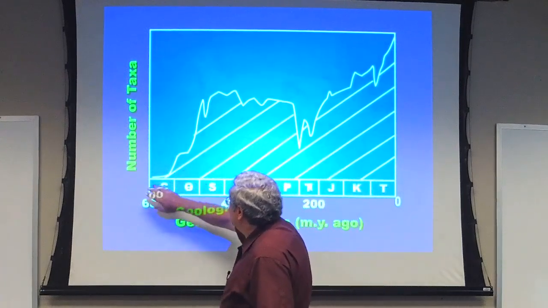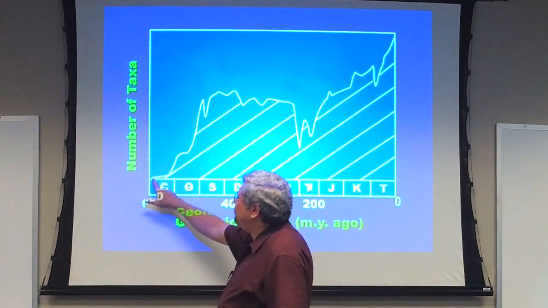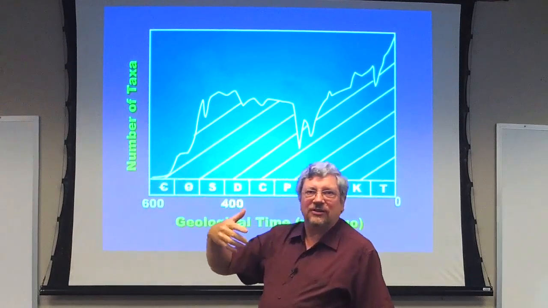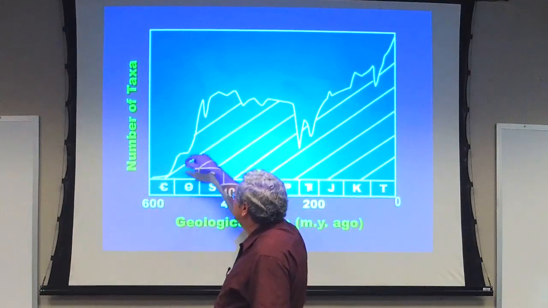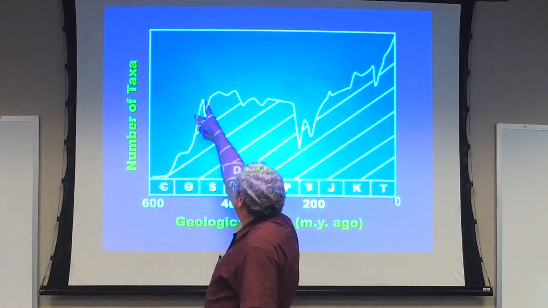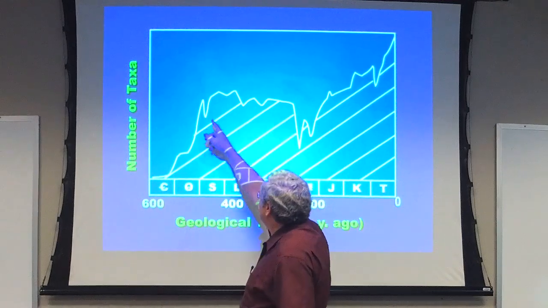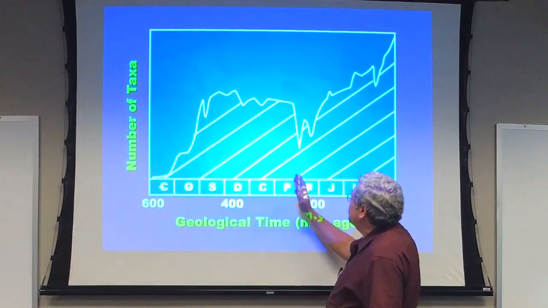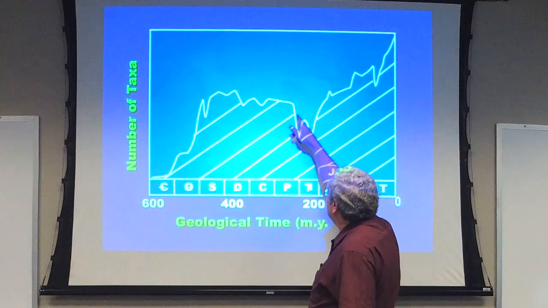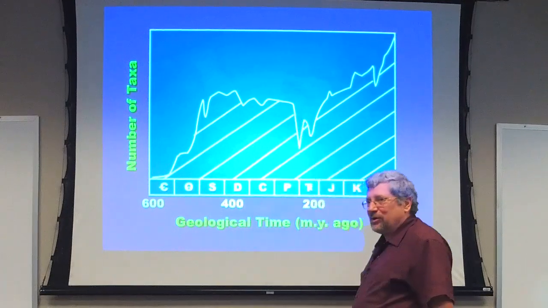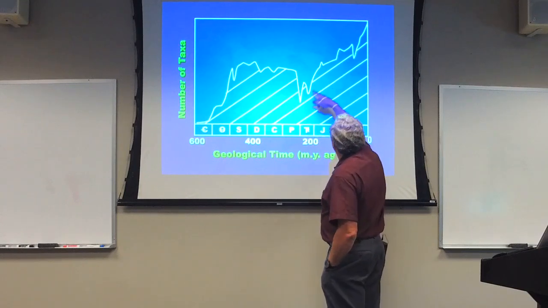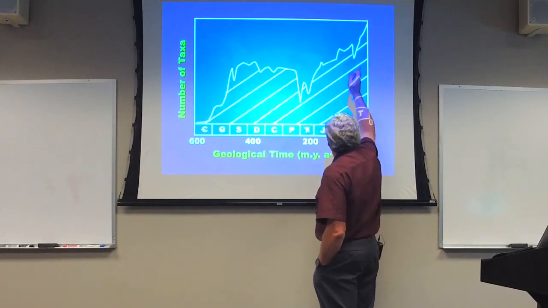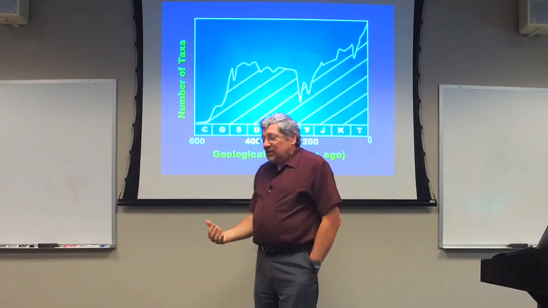And what you get is a very low diversity. Very few families of organisms are found in the early Cambrian, but the number of families increases through the Ordovician, reaching a maximum, a plateau that stays somewhat constant through what's called the Paleozoic, drops rather precipitously and increases again through the Mesozoic and continues to increase to the present.